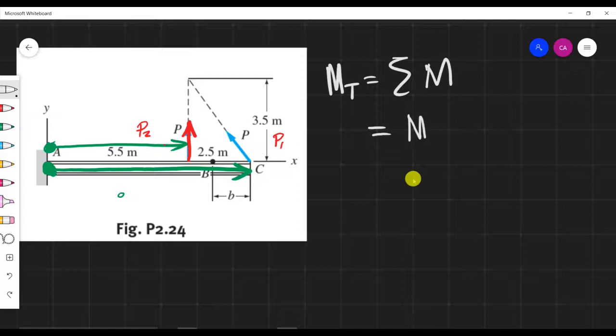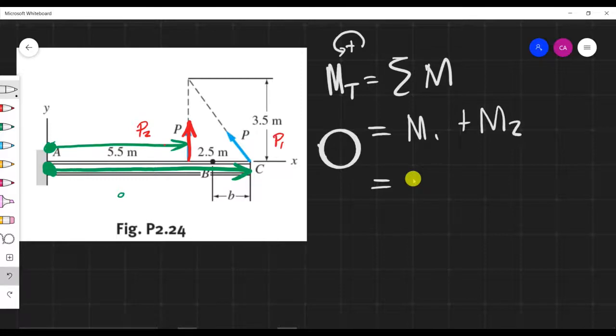So meron ka ng moment 1 plus moment 2. Pansin nyo, wala akong arrow sa ibabaw. Since yung rotation ni P2 ay nagkakos ng positive rotation kasi counterclockwise yung positivity natin, so positive 300 times 5.5.